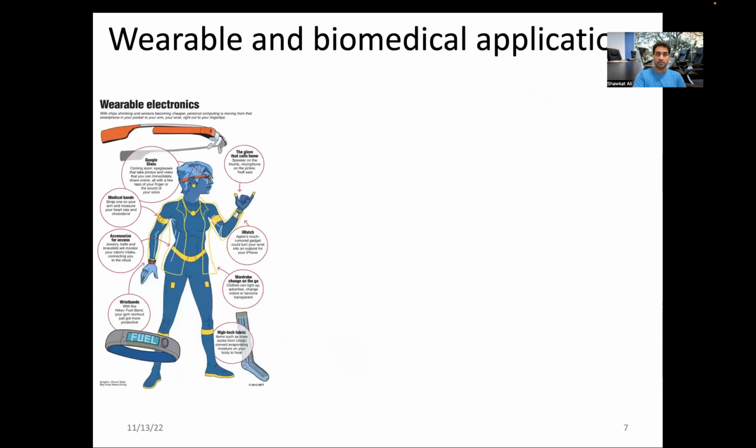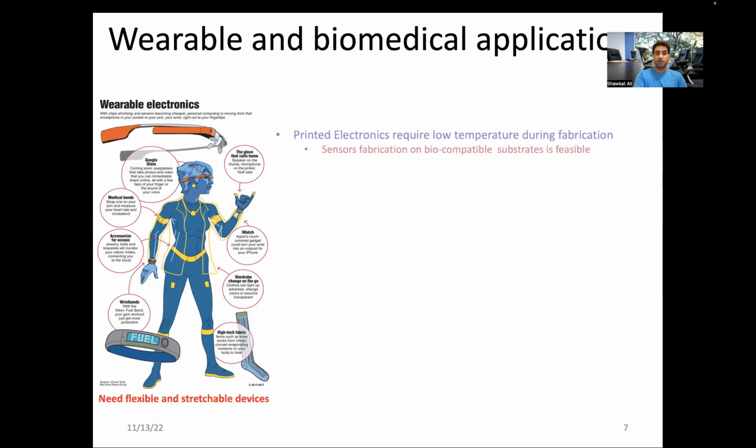Some other applications of this technology are biomedical applications. As I stated, these technologies can be fabricated directly on unconventional substrates with biocompatible materials. So if they are wearable, flexible, and biocompatible, we can use them in our clothes and our daily life to monitor our health in real time.